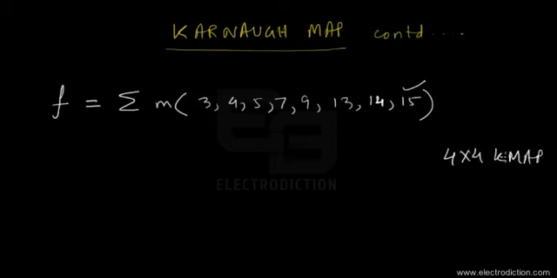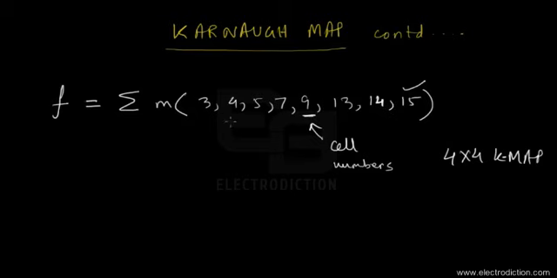And what do these numbers actually signify? Yeah, you're right. Each of these numbers represents the cell numbers in the K-map. I showed you in the previous tutorial that each of the cells in the K-map is designated by some number. These are included in the function to show which cells need to be filled up.